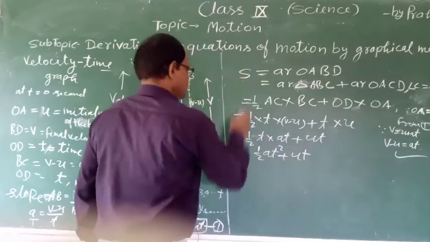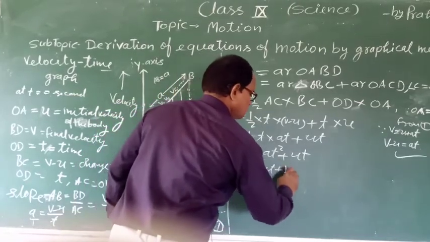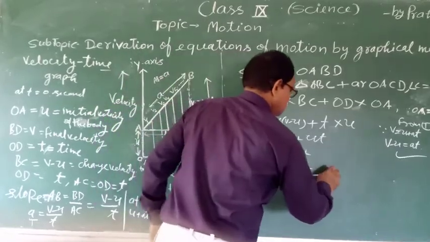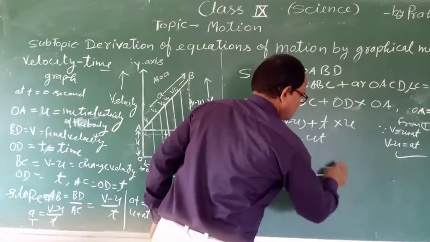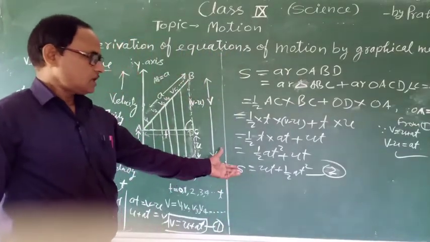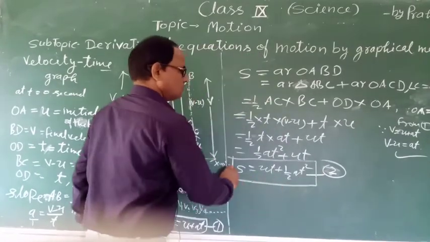Here we can write s is equal to ut plus 1 by 2 at square. This is the second equation of motion, which is a very important portion.